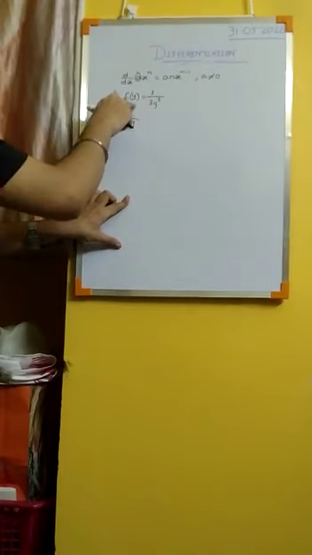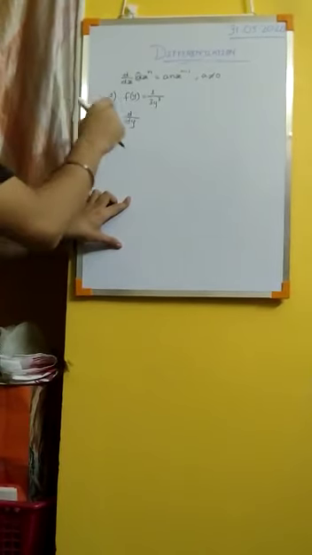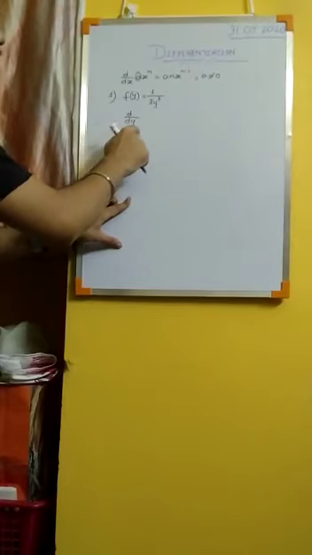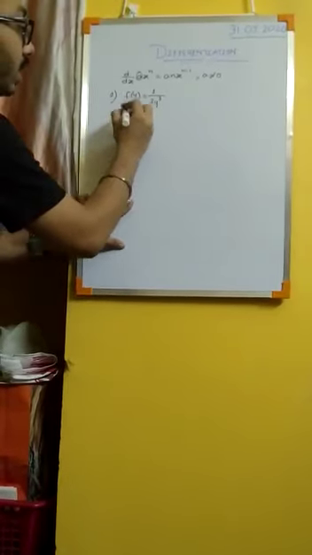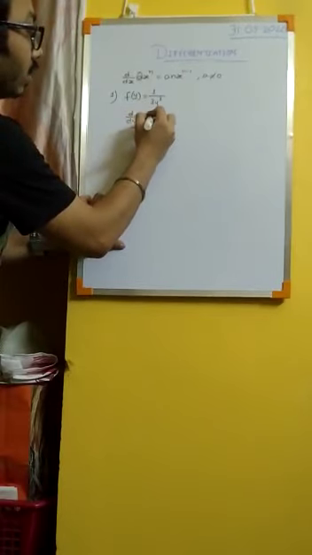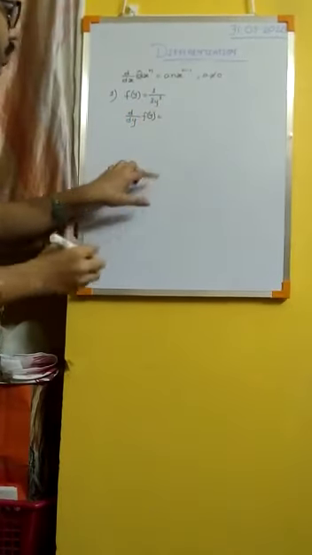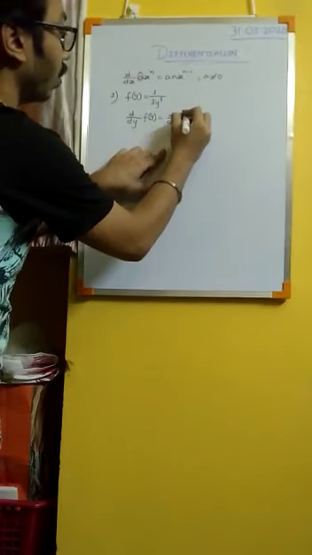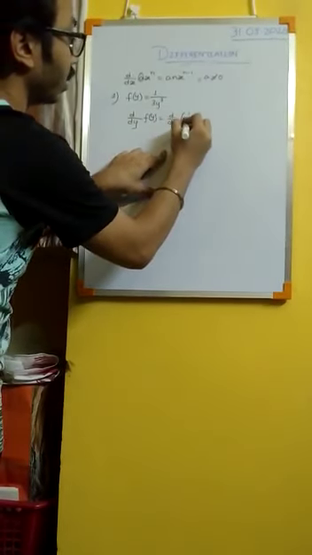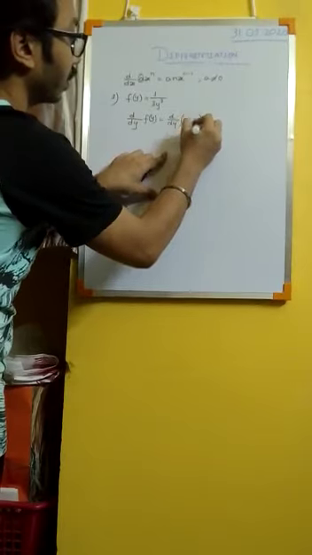Just like the variable of the function changes, d/dx will change and we will write d/dy. d/dy of f(y) equal to d/dy of 1 by 3y cube.